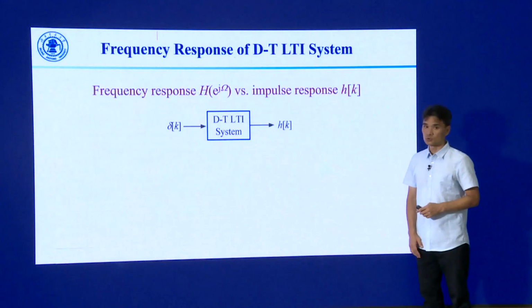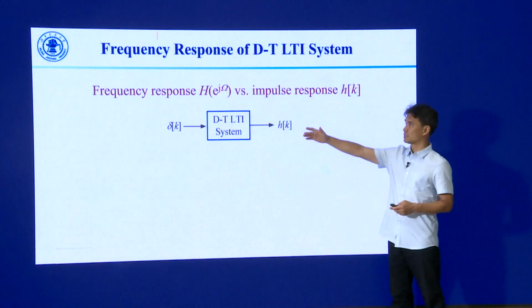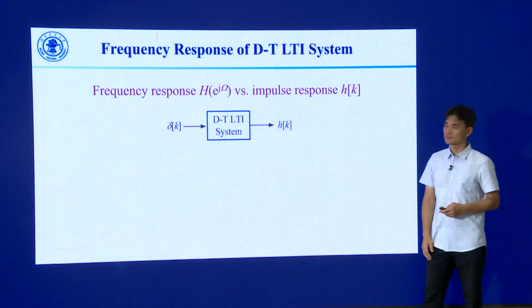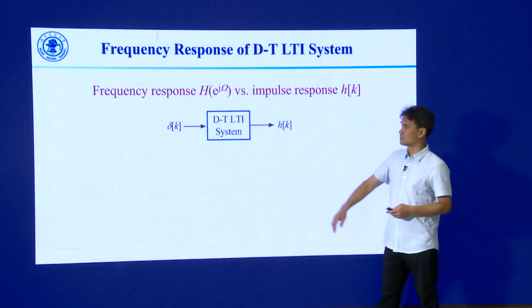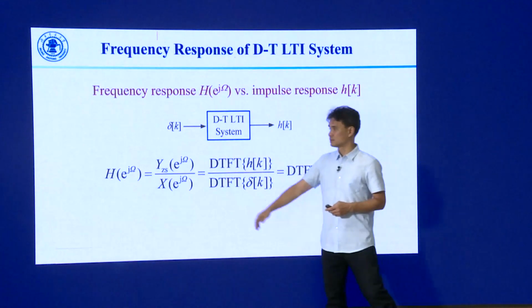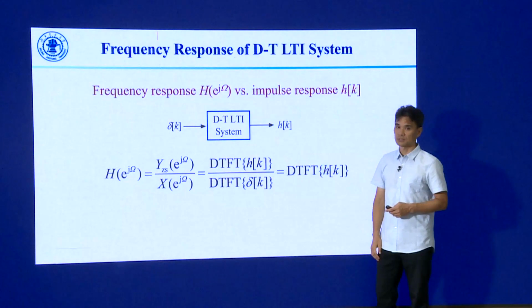And what is the relationship between the frequency response and the system's impulse response? Now let's take a look at this system. By definition, it's the ratio of the zero-state response and the input.